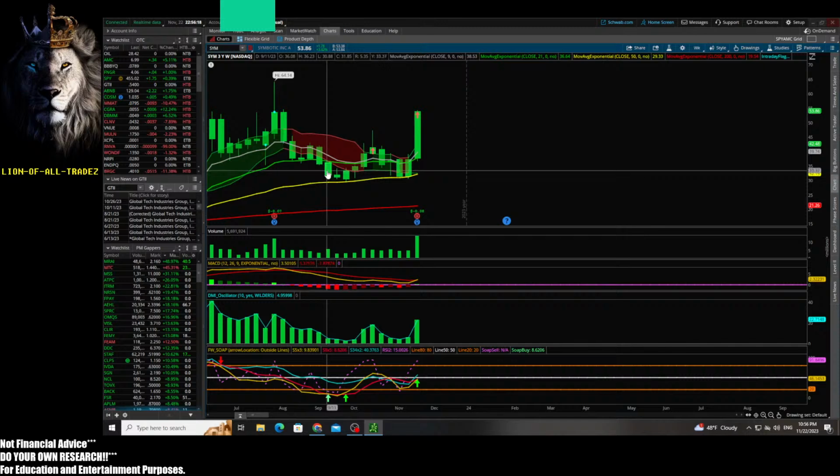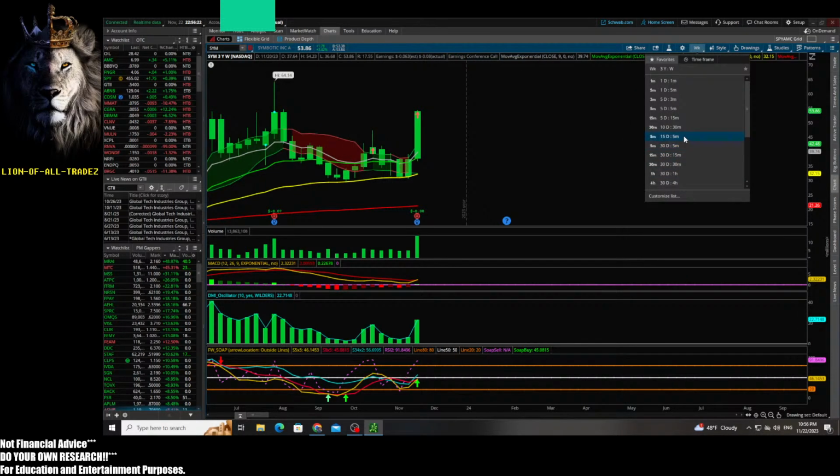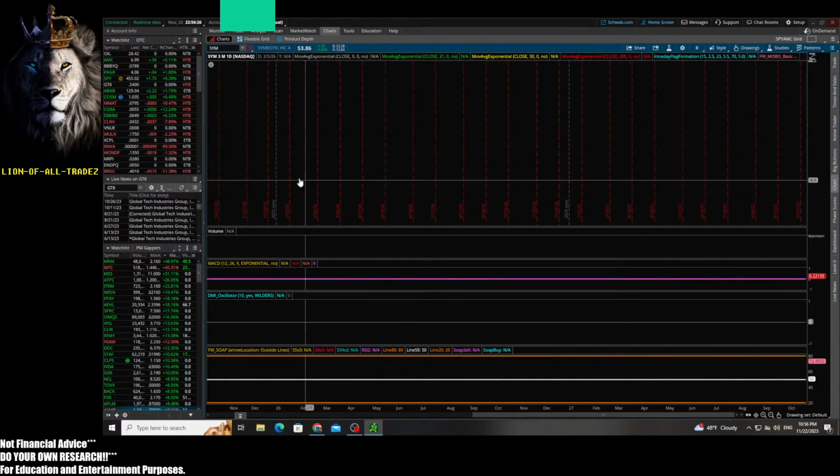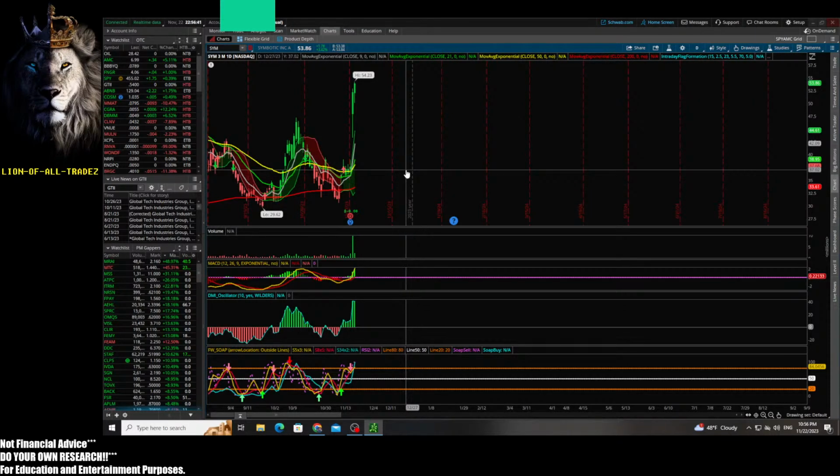There's a lot of green bars here on the weekly. Let's check out the daily chart. I like stocks that go up too, but I like it when we're at the bottom and then we can ride it up and keep riding it up.